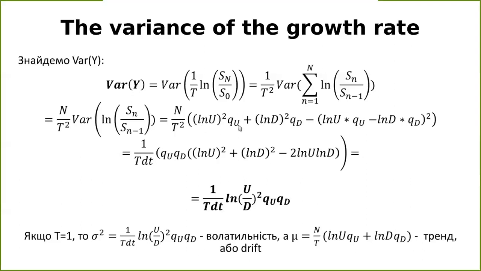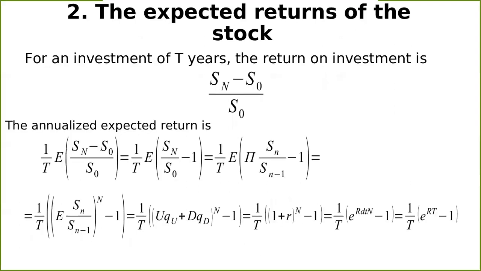And if we write this before the bracket, it will be qu, but this, it will be 1 minus qu, it will be qd. So we have this expression, and it will be written as ln u divided by d, squared, qu qd. So we found the mathematical expectation and the variance of these logarithms.